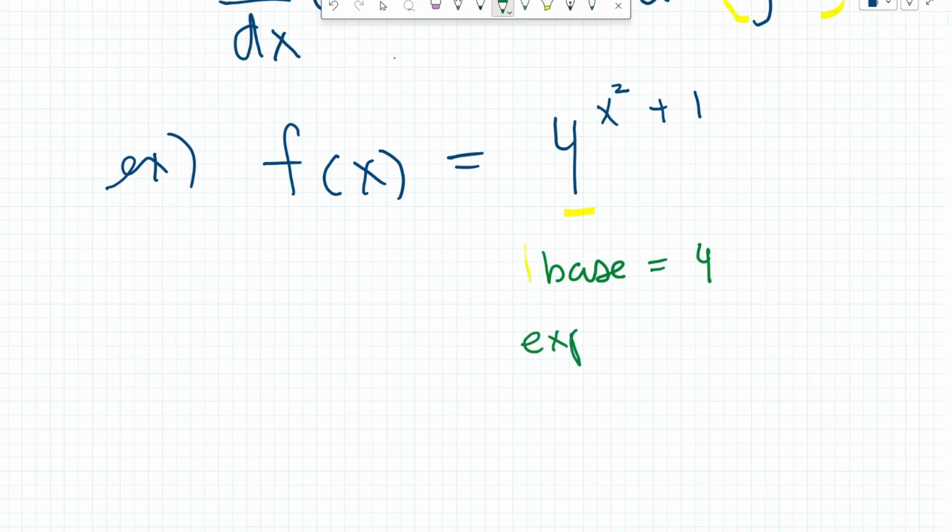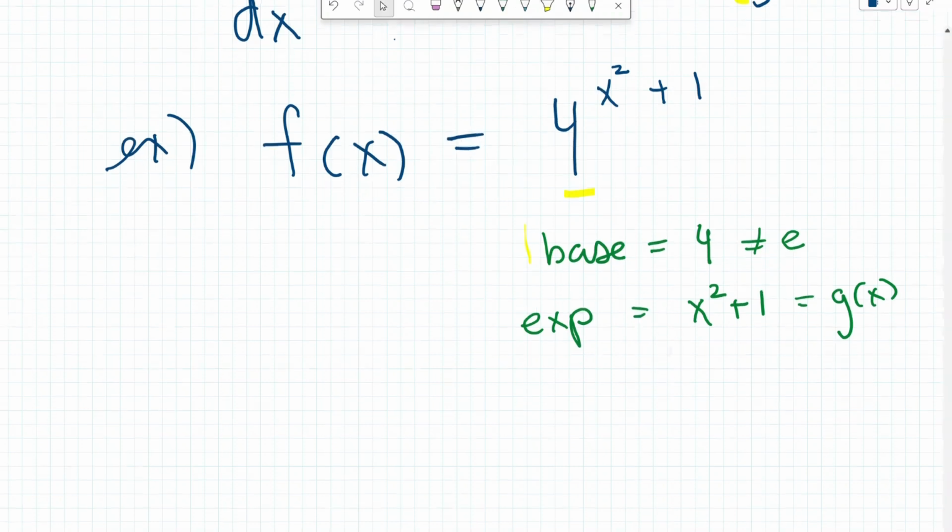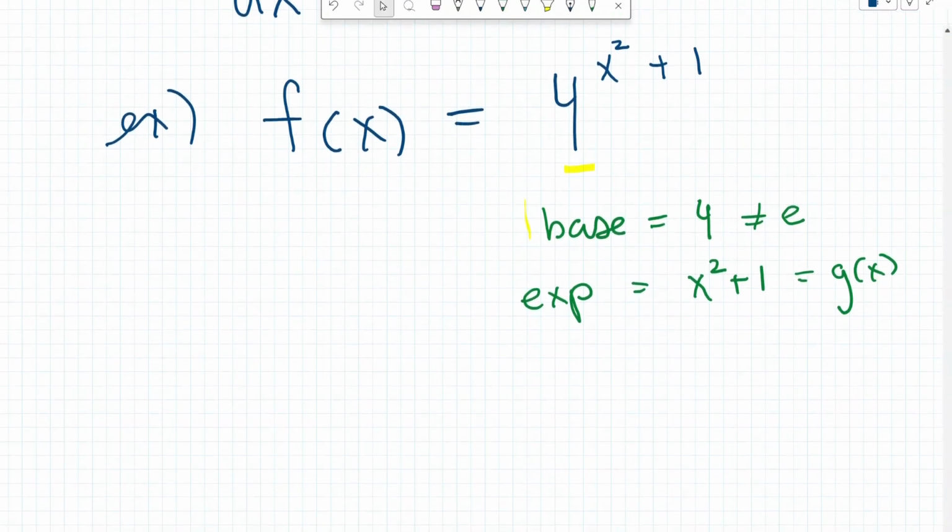Here in my exponent, I have x squared plus 1. This seems like a whole function on its own, so we can call that our g of x. That is our inside function, and here our base does not equal e. So that means we have an arbitrary base problem, so we have to use the second rule that I showed you. Let's go through and apply that.